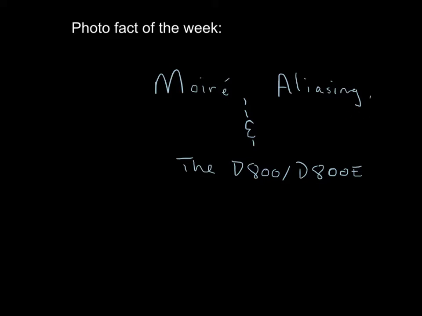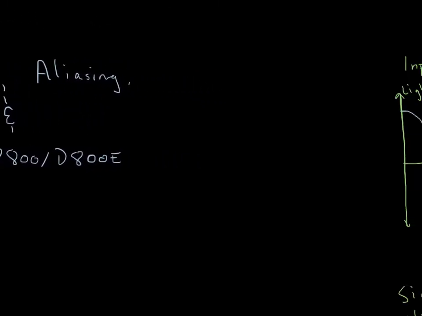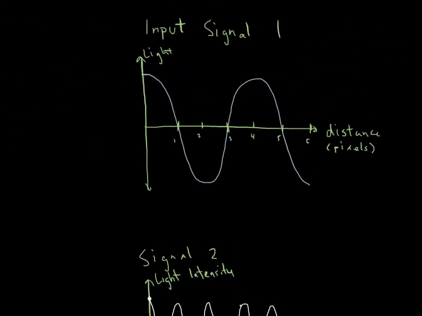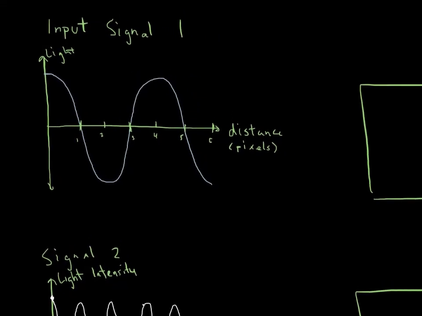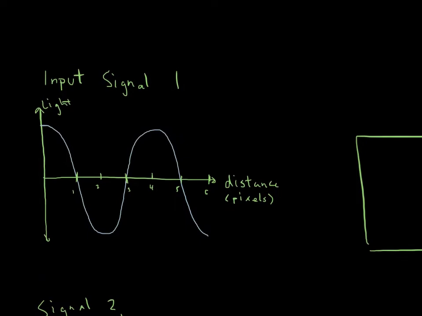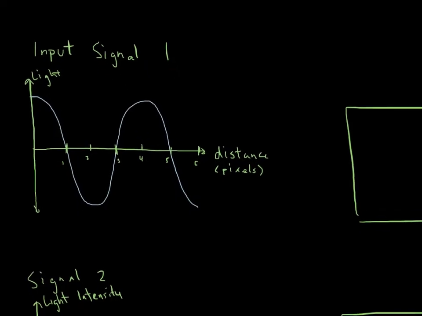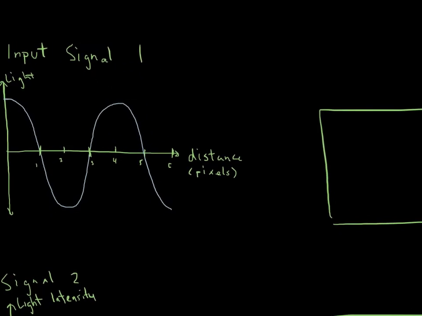Aliasing has to do with how your camera reads input signals. So I'm going to try and explain that over here using these two graphs. Okay, so say we have this input signal right here. This x-axis represents the distance on your sensor, right?